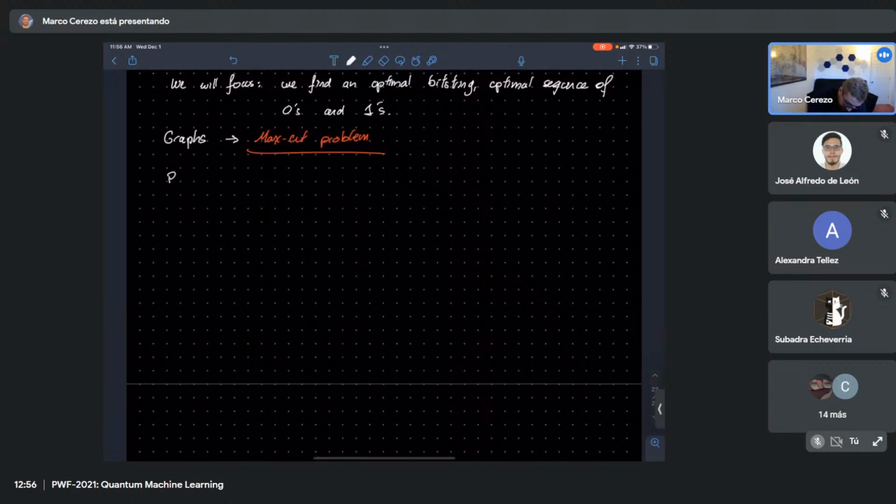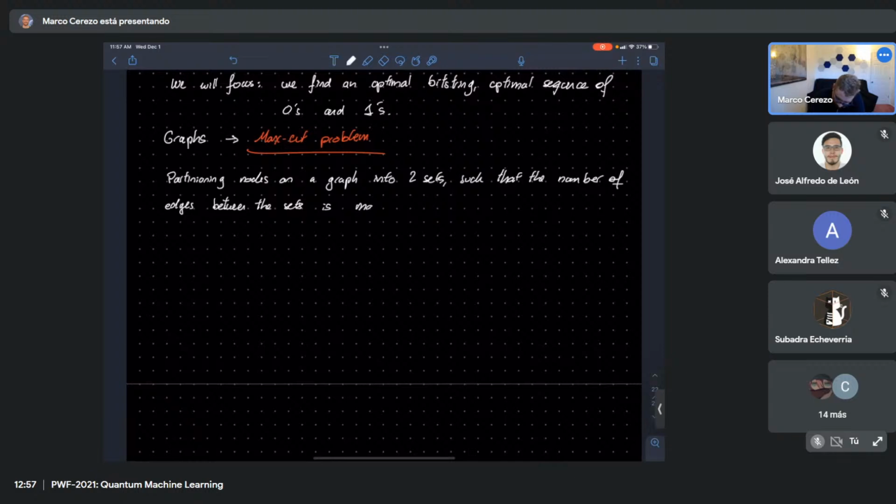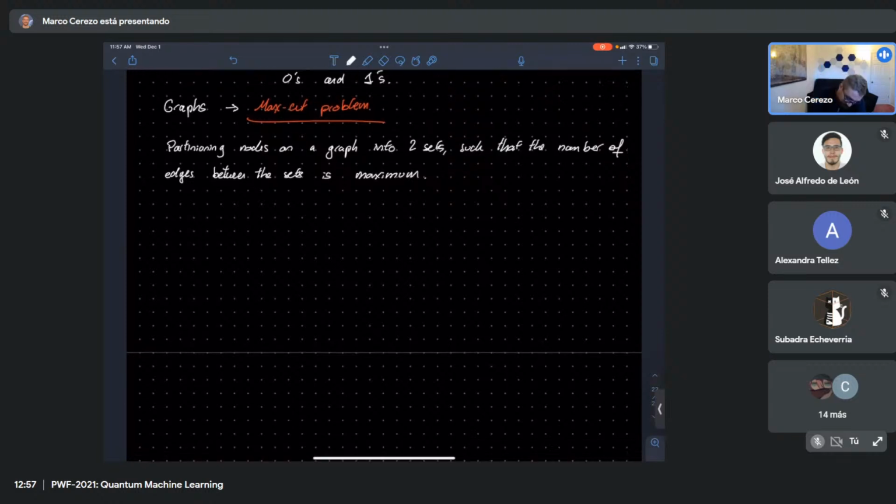This is a problem of partitioning the nodes on the graph into two sets, such that the number of edges between the sets is maximum. That's a mouthful. What are we talking about here? So let's give a specific example. Imagine that we have a graph.